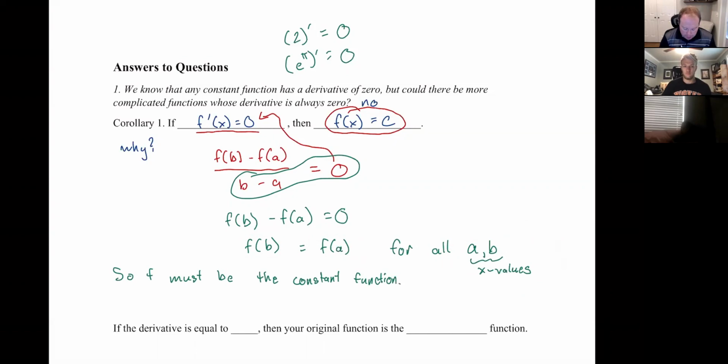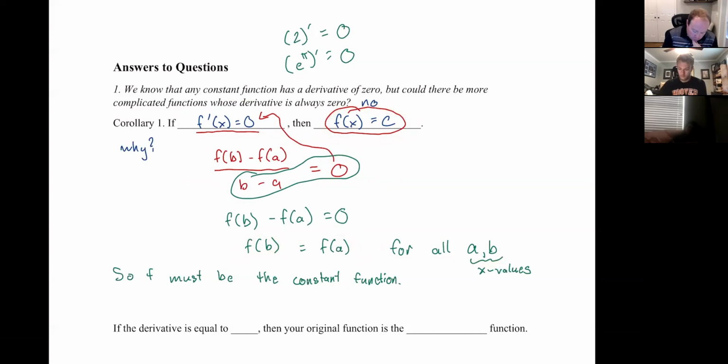And again, if you were to continue in mathematics, you'd understand more of the formality of proving things. But this is kind of the idea. We dealt with complete generality and said, let's suppose the derivative was 0. What is f? Well, because f of a is equal to f of b for all values of a and b, it must be the constant function.